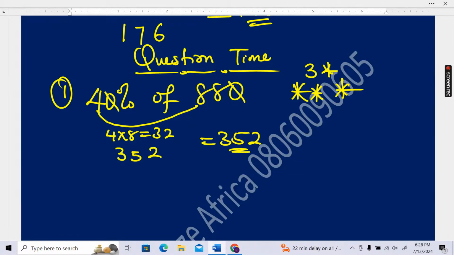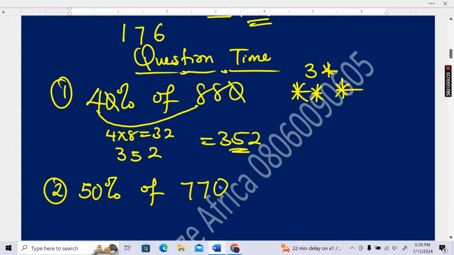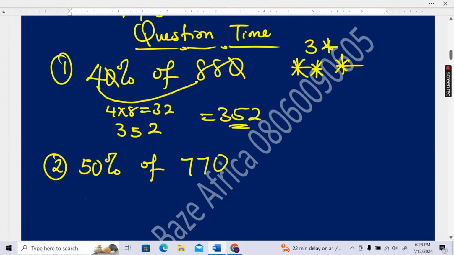Second question for you. Time to accumulate stars for yourself. So this is the second question. 50% of 770.